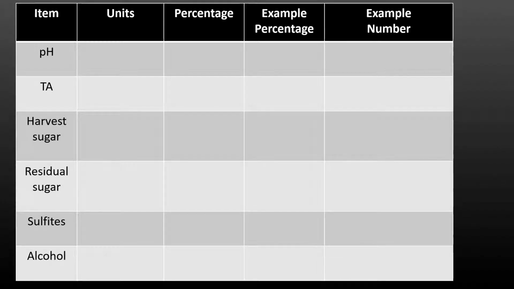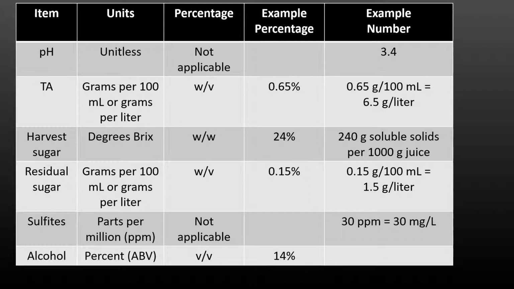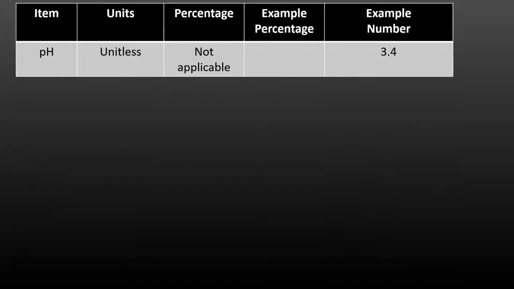So let's look at this list of items that we find in wine. The next slide has the units, the percentages we use, and an example or examples in the last two columns that I think are really important to know. So let's go through these one at a time. pH is a little easy.